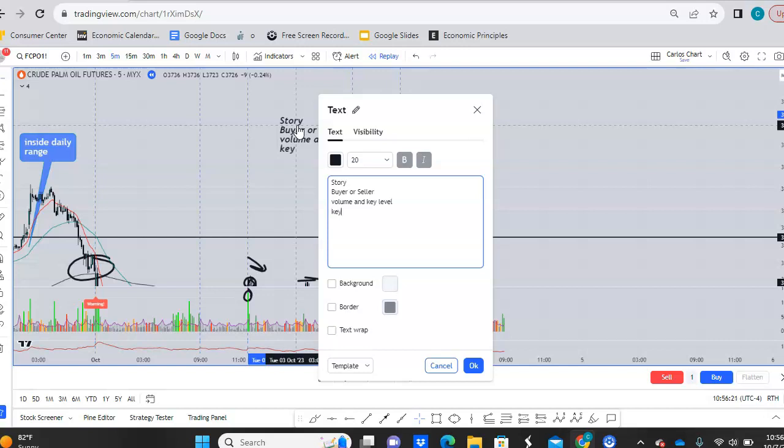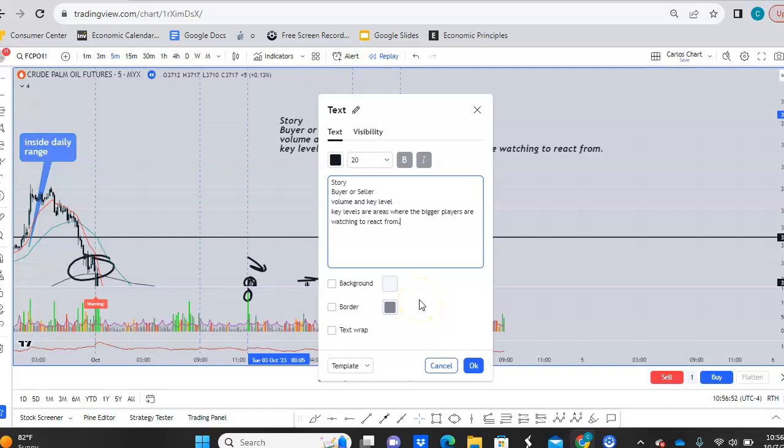And key levels are areas where the bigger players are watching to react from, because you will get a reaction from these areas.